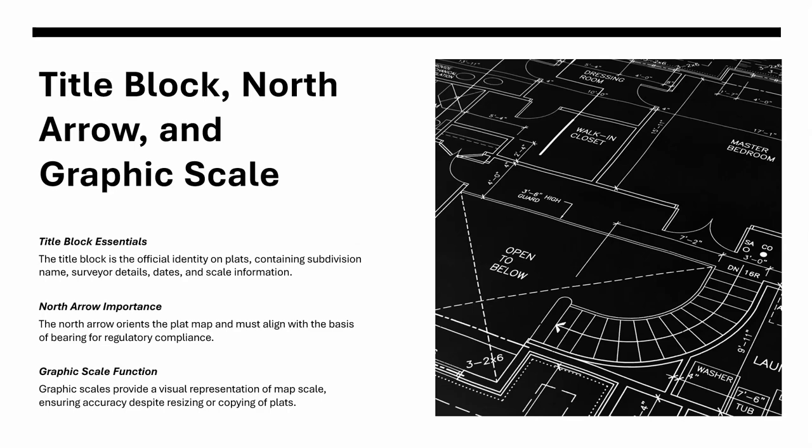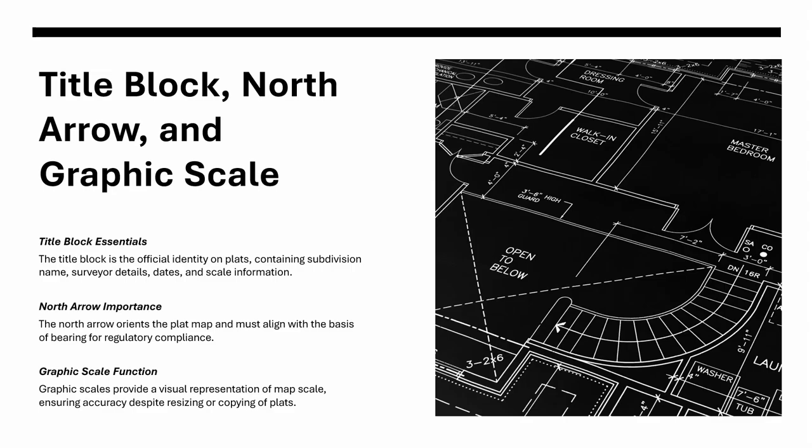So first we have the title block. Every plat in Texas begins and ends with a title block. This is not just a piece of graphic design. It is a formal identity of the sheet. A well-designed template will have a standard title block that includes a subdivision or plat name, clearly labeled, consistent with the developer's intent and municipal requirements. The surveyor's name and registration, as required by the board, prominently displayed near the seal.